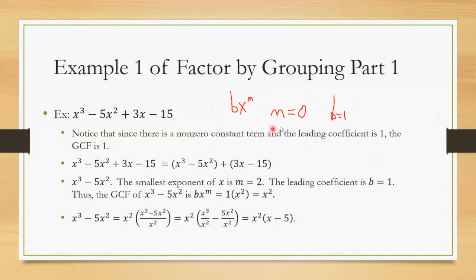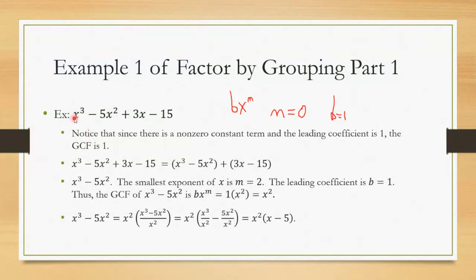That's why the m here in the GCF, remember the GCF has to look like this, that's why the m here has to be 0. Because again, there's a non-zero constant term. In other words, you can't factor out x at all from the whole polynomial because there's a non-zero constant term.